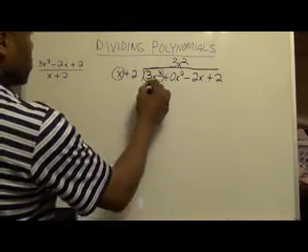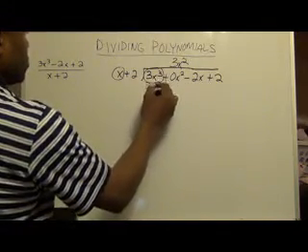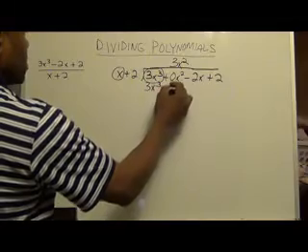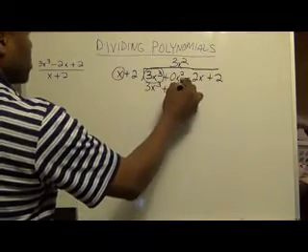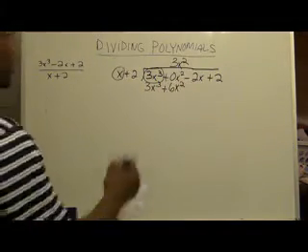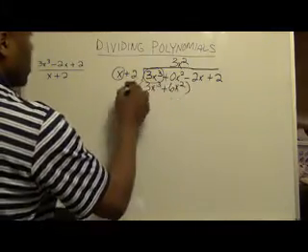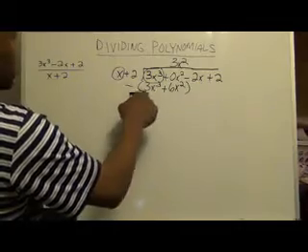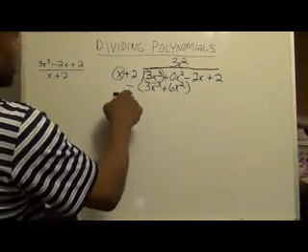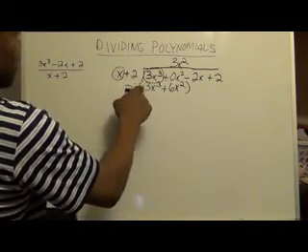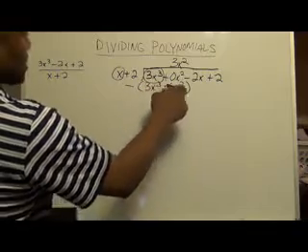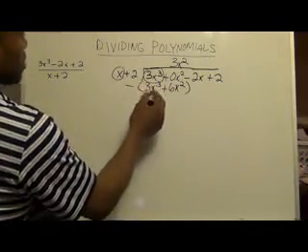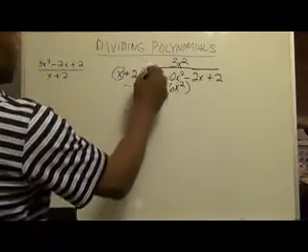So we have 3x cubed plus 6x squared. Typically what you do is you subtract this from what's at the top. So if we subtract what's inside the parentheses, this is actually going to be adding minus 3x cubed minus 6x squared. So minus 3x cubed plus 3x cubed, that cancels.